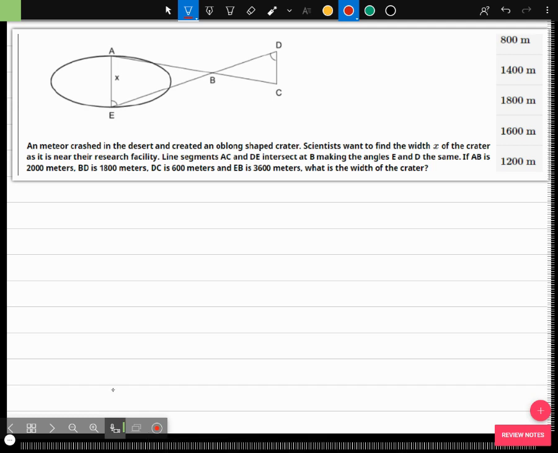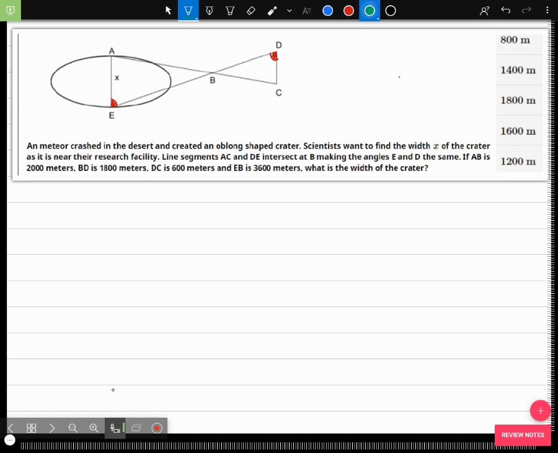So here angle E and angle D are the same.